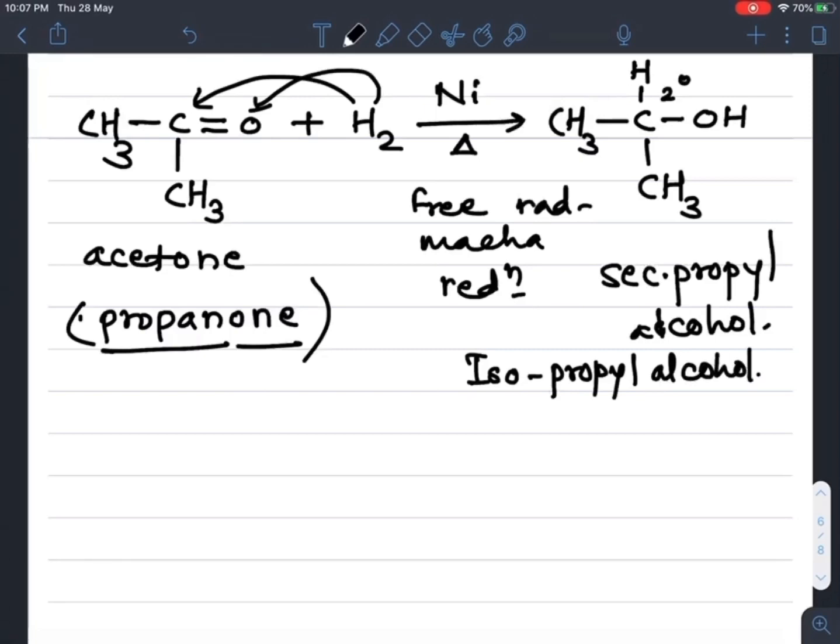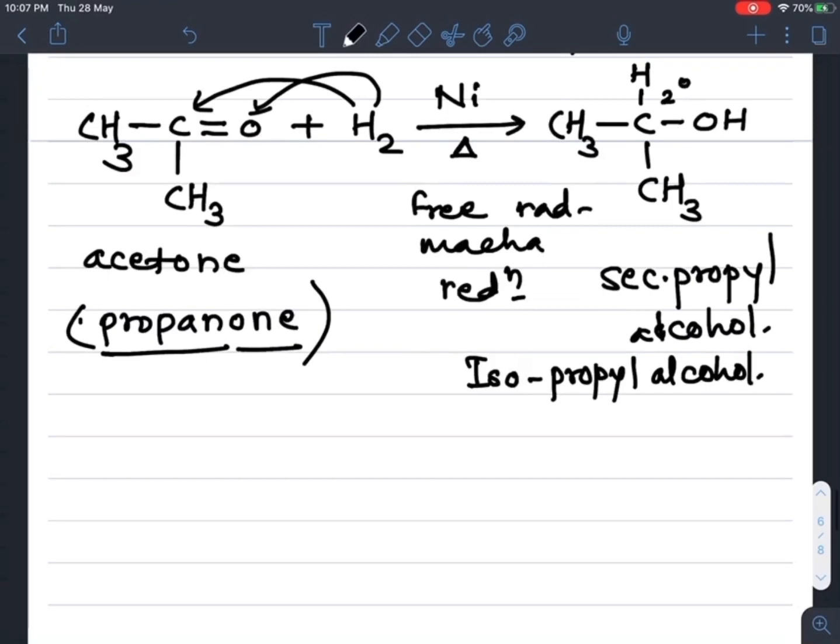So isopropyl alcohol, or its IUPAC name: if we number the chain from both sides, the OH group is attached to the second carbon, and it is a 3 carbon containing alkane derivative in which the second carbon is attached with the functional group of alcohol, that is OH.